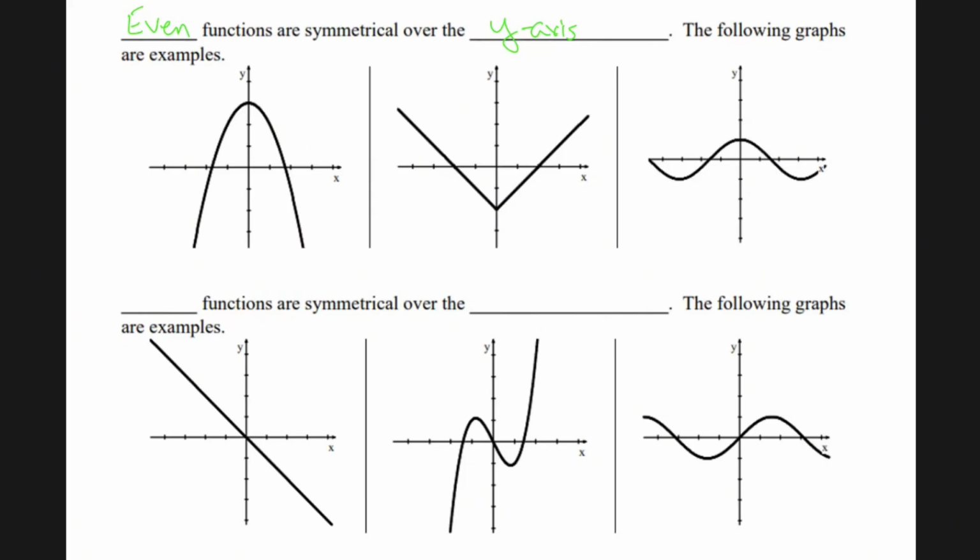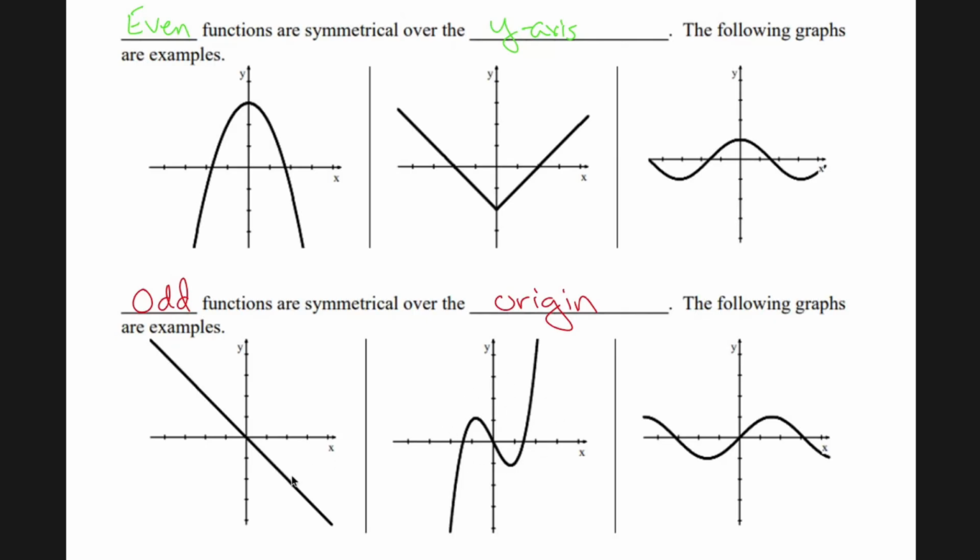Now, if you're thinking, I know what's going to happen next, odd functions. That's right. They are symmetrical over the origin. Now, that's kind of hard to view. You're like, well, what does that even mean? Basically, the origin is right in the middle, so everything kind of spins around each other.